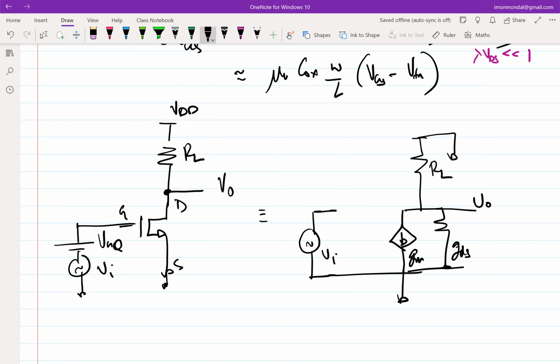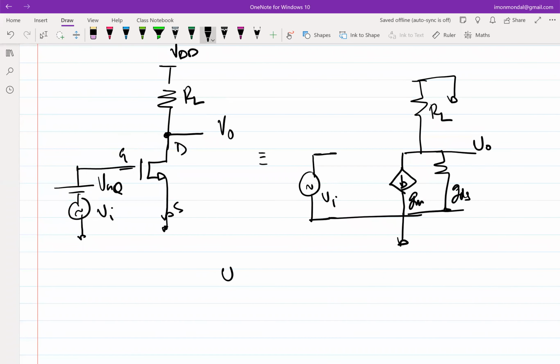What will be V0 over Vi? Note that these are grounds, right? All the grounds are connected. So what will be V0 over Vi?